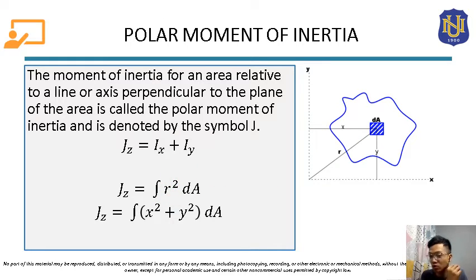If you distribute this, it becomes the integral of x squared dA, which sounds familiar, right? The integral of x squared dA is actually Iy. And the integral of y squared dA is also familiar to you.